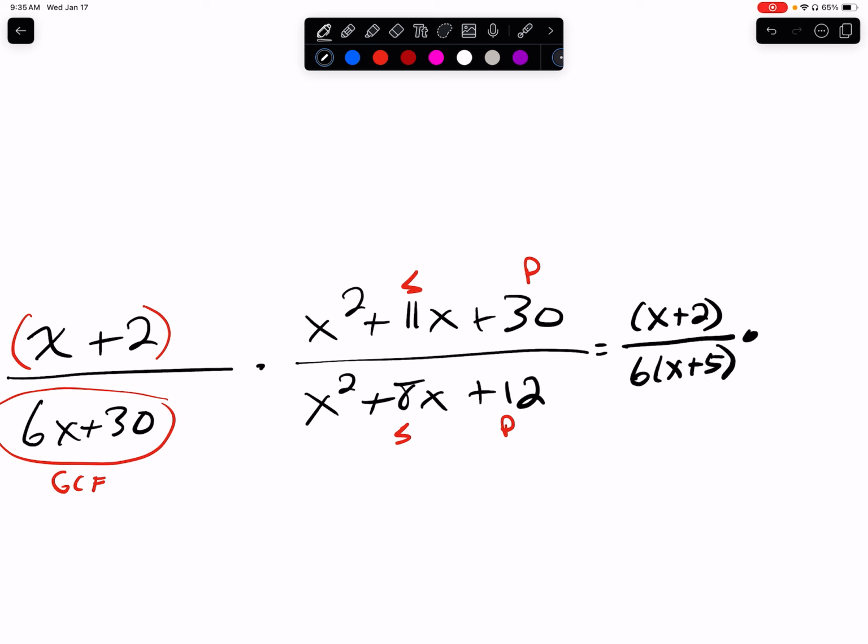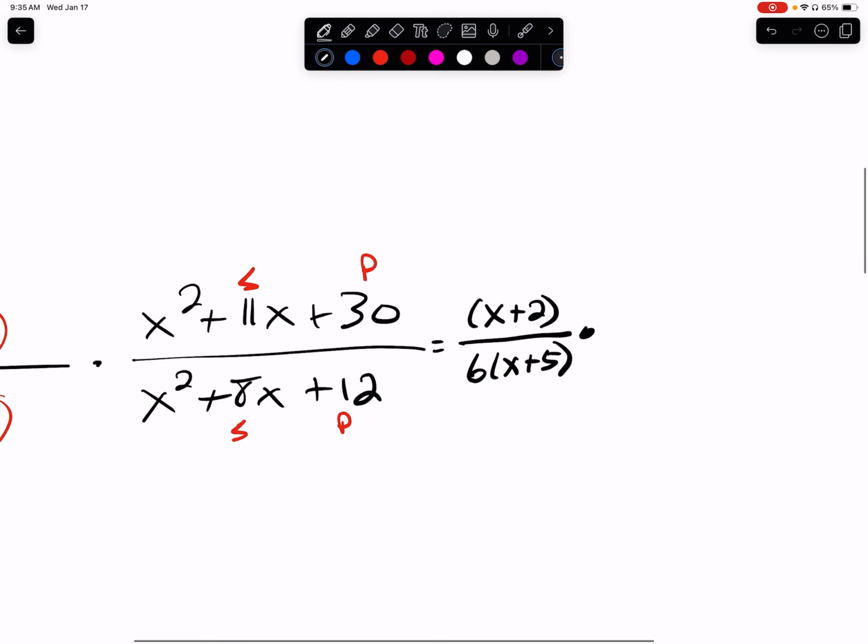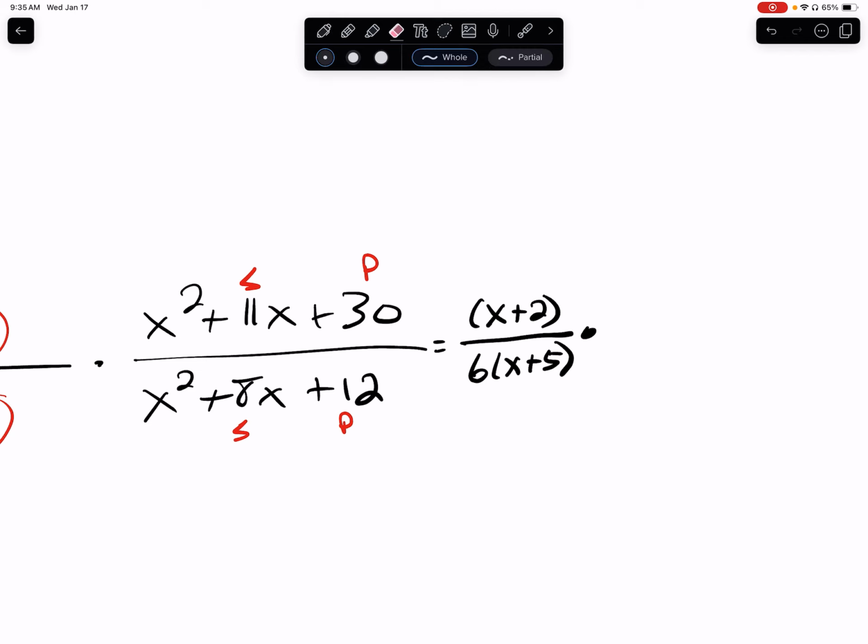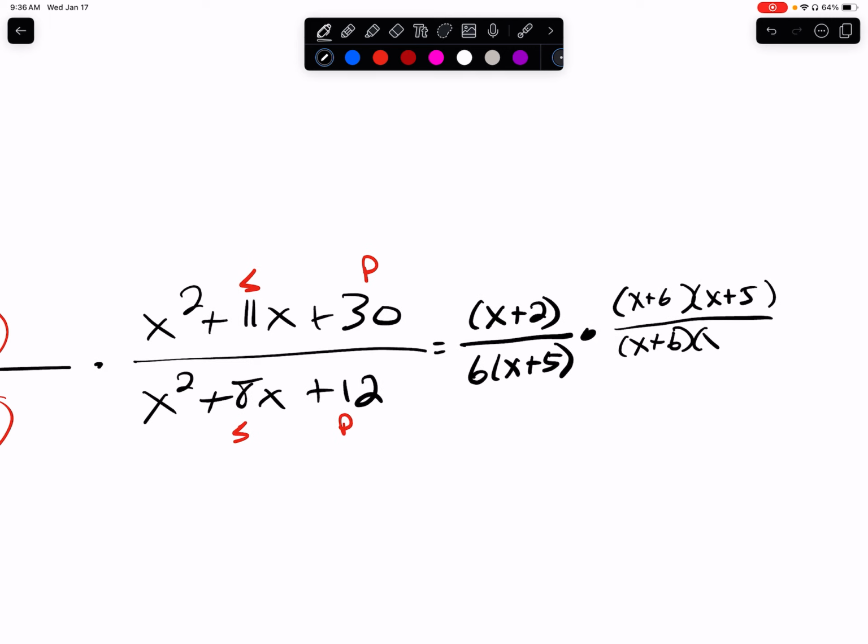So that takes care of the first fraction. And the second fraction here, I've got some product on both. So the top one, what numbers multiply to 30 and then add to 11? I'm going to have two values that multiply to 30, add to 11, x plus 6 and x plus 5. And then what numbers multiply to 12 and then add to 8? Well, x plus 6 and then x plus 2. So those are going to be simplified.